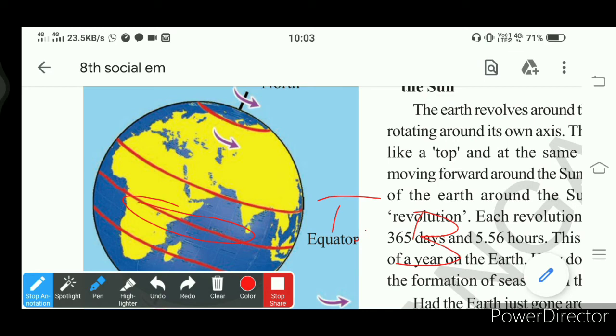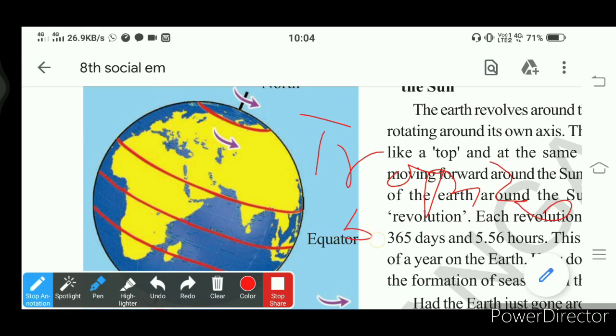We see that the sun shines directly only between the Tropic of Cancer and the Tropic of Capricorn. In these two latitudes the sun shines directly, so this is the area we call the tropical belt. Understand, dear students?